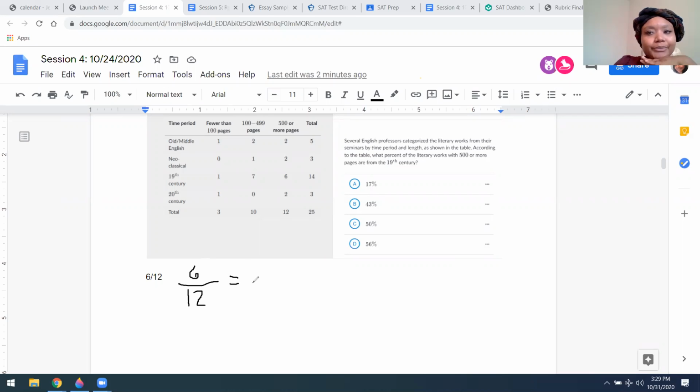What were you saying was 2? 12 into 6. Well, let's rephrase that. Are you saying that 12 divided by 6 is 2, or 6 divided by 12 is 2? 6 divided by 12 is 2. So 6 divided by 12 is 2? Yes. Not quite.